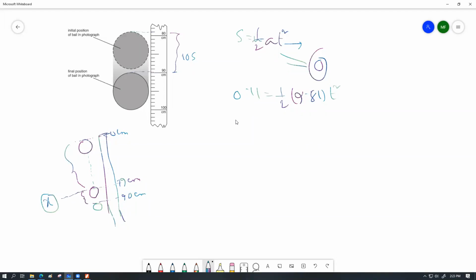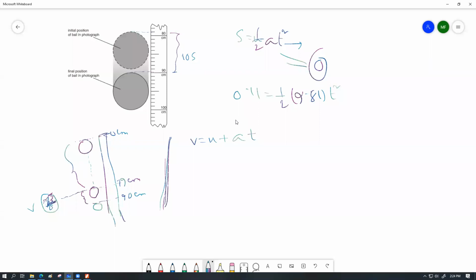Let me explain it completely, and then you can ask me questions. One way we can solve this problem, which is a difficult way, I'm showing you first, then I'm going to show you the easier way. The difficult way is to go for v equals u plus at, where you can find the final velocity over here, which I labeled as x. So let's say this is not x, let's say this is v.